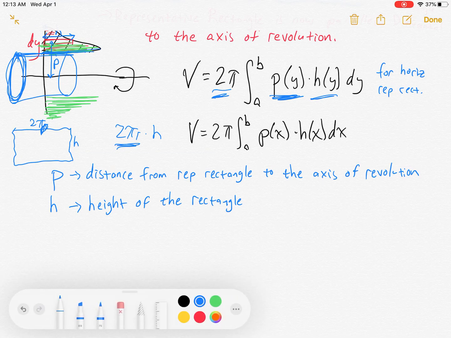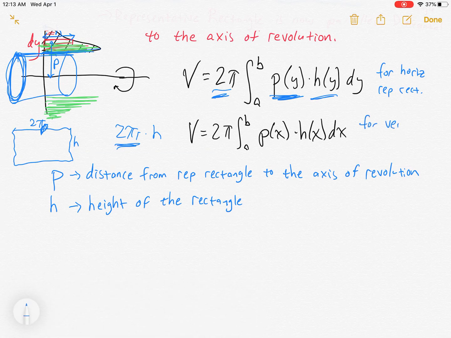And that would be for a vertical representative rectangle. It can be confusing if you want to memorize that dx is for vertical or dy is for horizontal, because it's the opposite for disk and washer. So just remember, disk and washer is perpendicular, shell is parallel, and everything takes care of itself there.